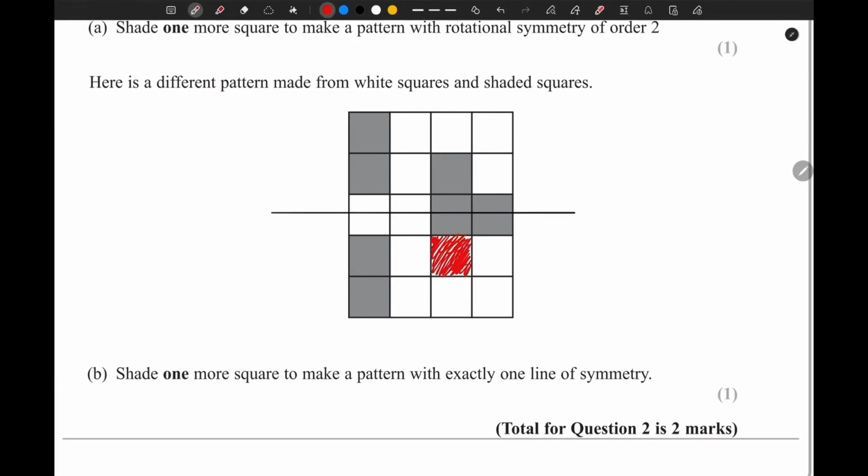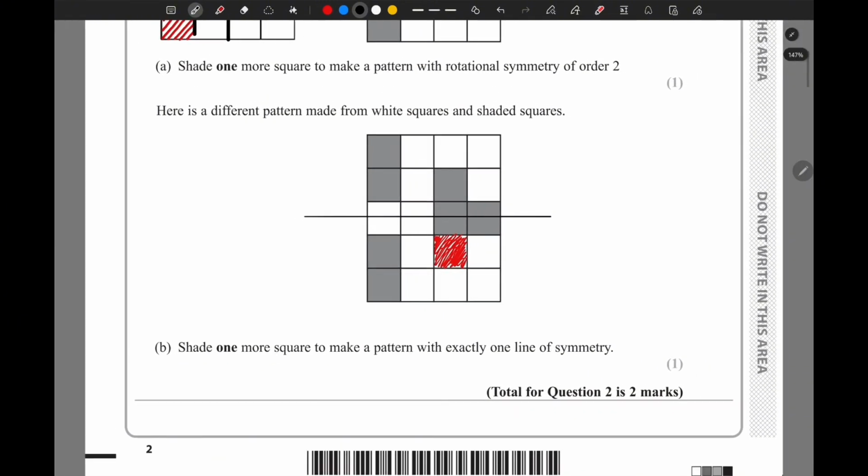Now if you shade this square, you can see that if you draw other lines, it's not symmetrical. So if you shade this square, you have only one line of symmetry. So that is the answer to this question.